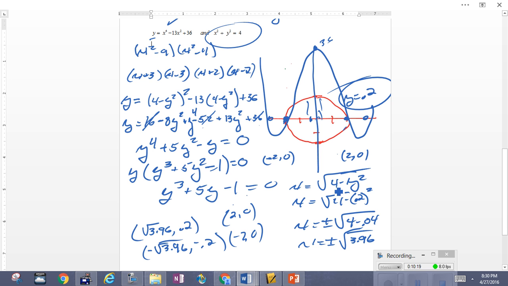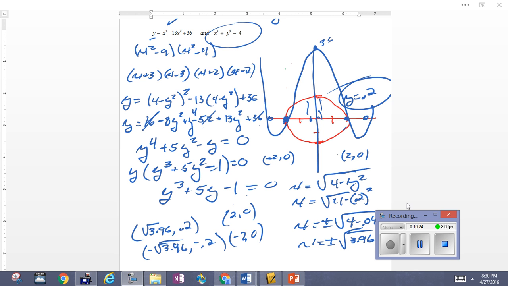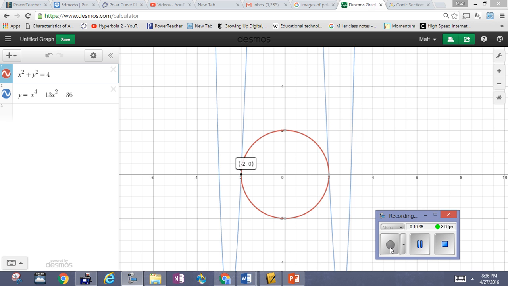I'm going to tell you what I'm going to do and suggest you do the same, is confirm that by Desmos, okay, and just validate that. I'll be back in just a second after I do that, set that up for you. Okay, I'm back, and as you can see, I graphed these two. I want to wrap this up quickly.